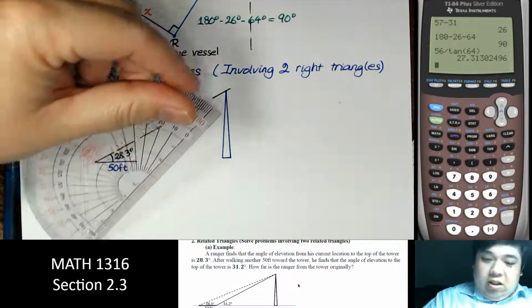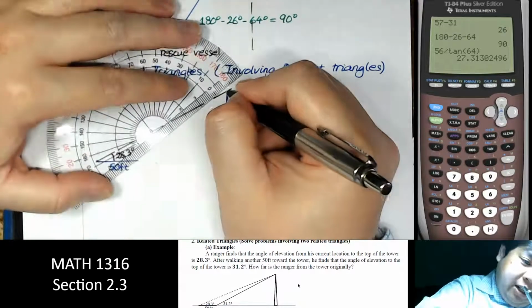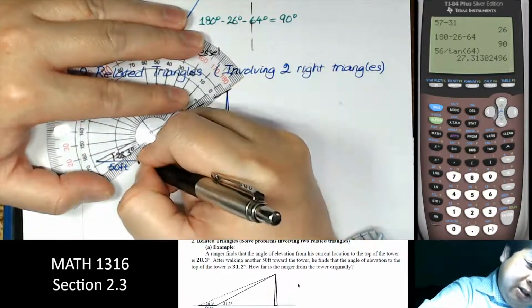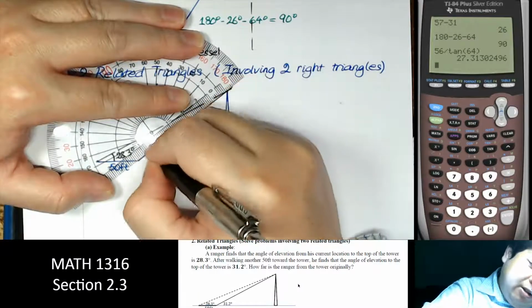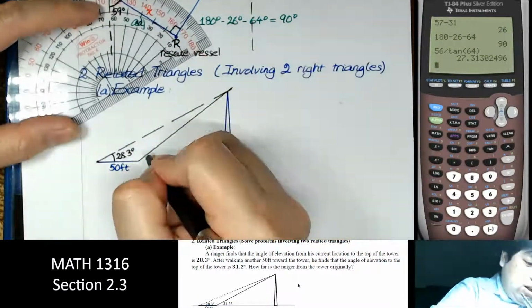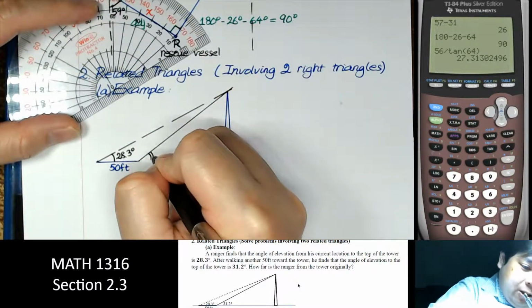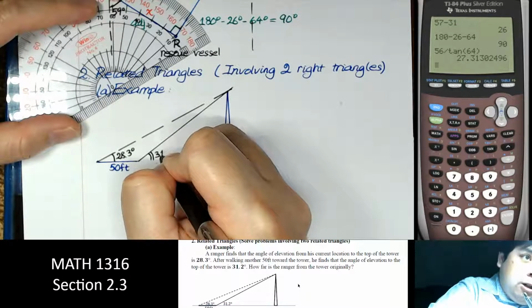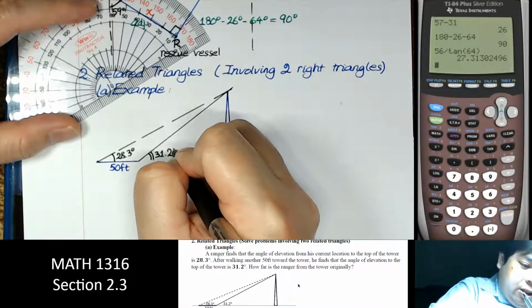And then he looks at the top of the tower again, but this time it is 31.2 degrees.